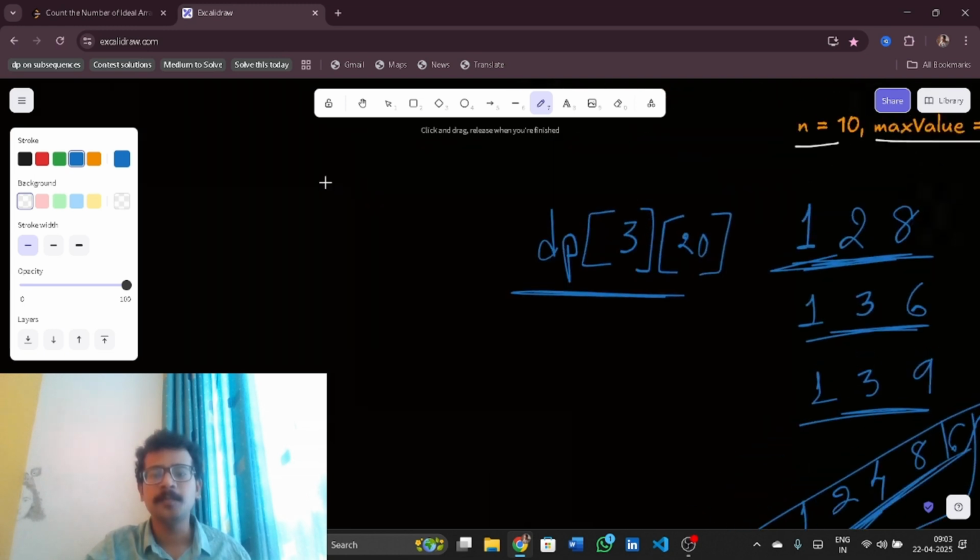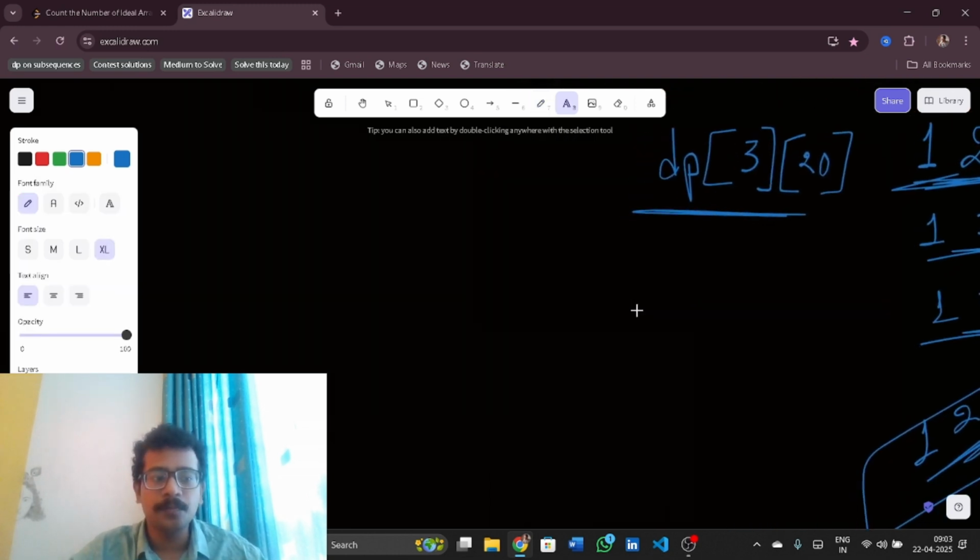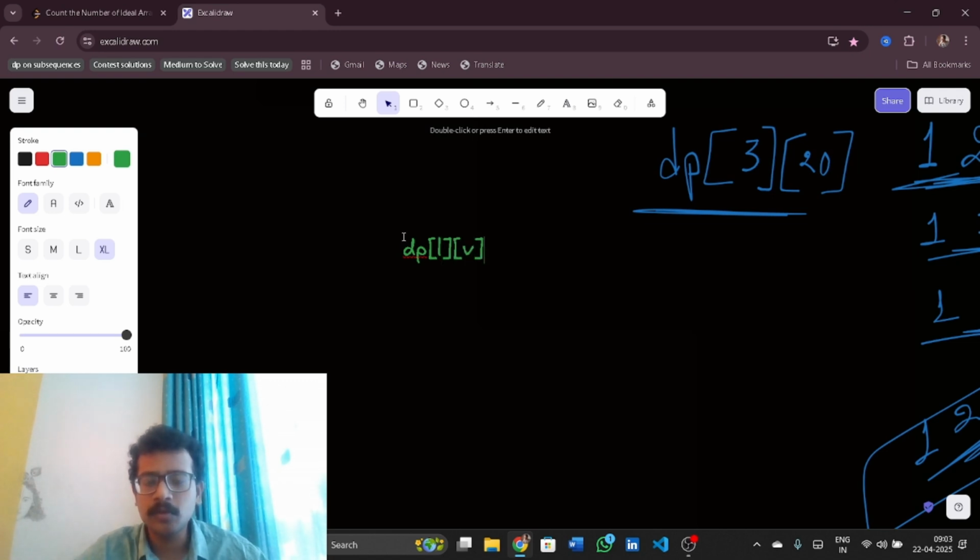Now let us see. I'll tell you what I am storing in this dp. It's very important to get what I am storing in this dp of length L and the value V. What will it store? This is the most important thing when you are solving a dp problem like this. I am just writing what comes into my mind.